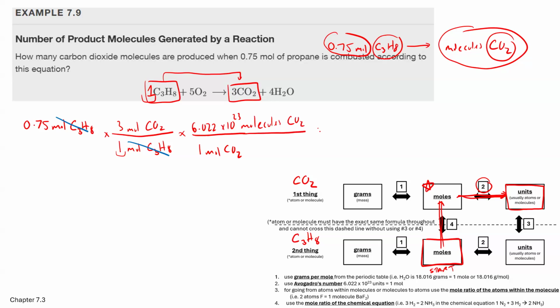All right. Let's see what else cancels out. Moles of CO2 cancel out now, and we're left with molecules of CO2, which is what we wanted. So I'm going to put here molecules CO2. Let's do the math here.